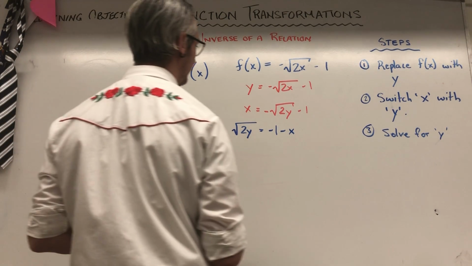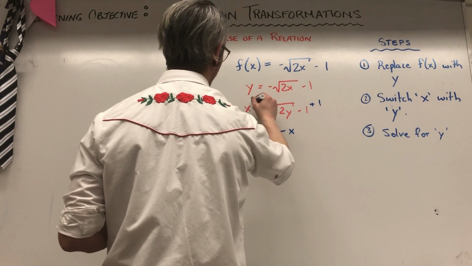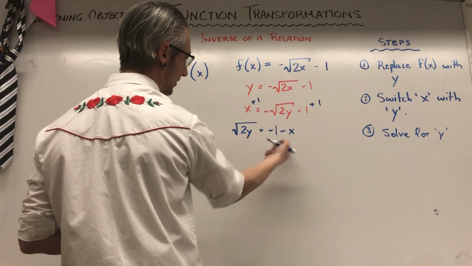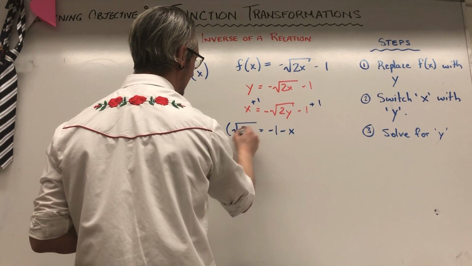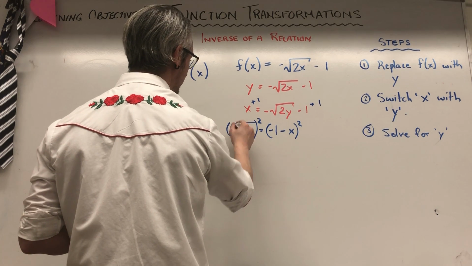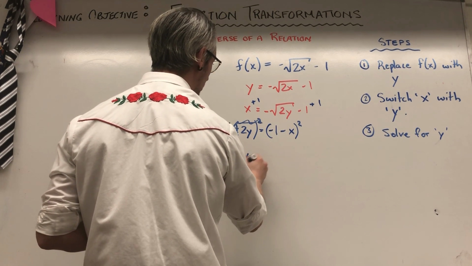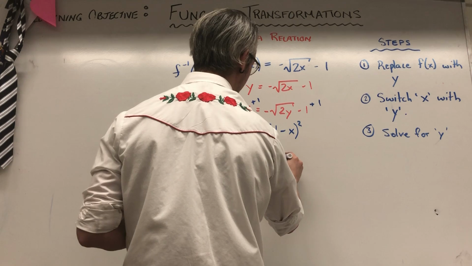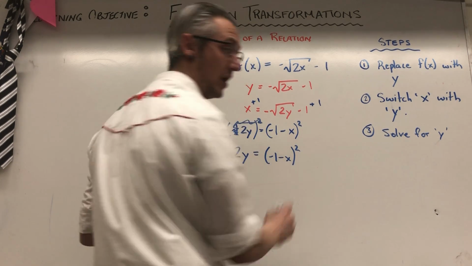Pretty much what I did was I added 1 to each side, and then I divided by negative 1. Now I can square both sides, and by doing that, I'm going to get rid of the radical. So I'm at 2y is equal to negative 1 minus x, squared.